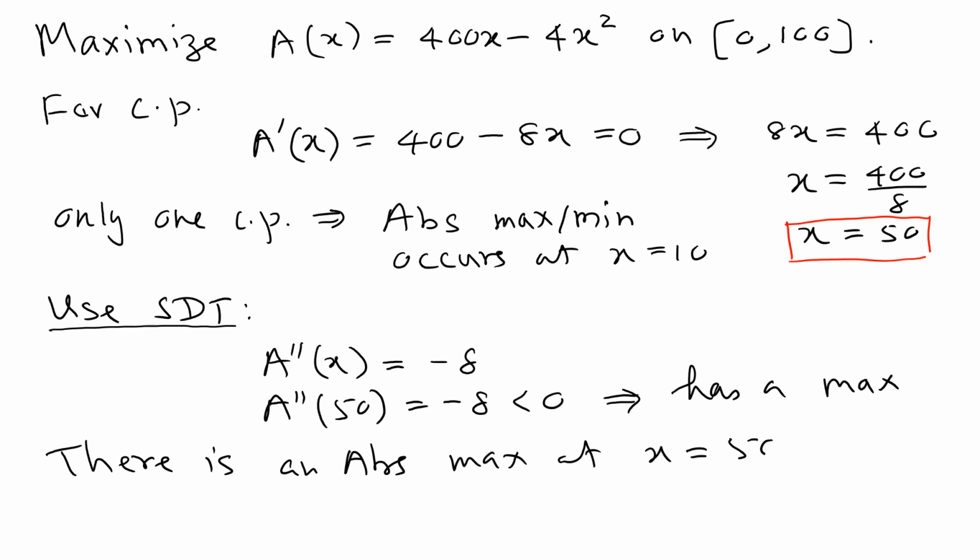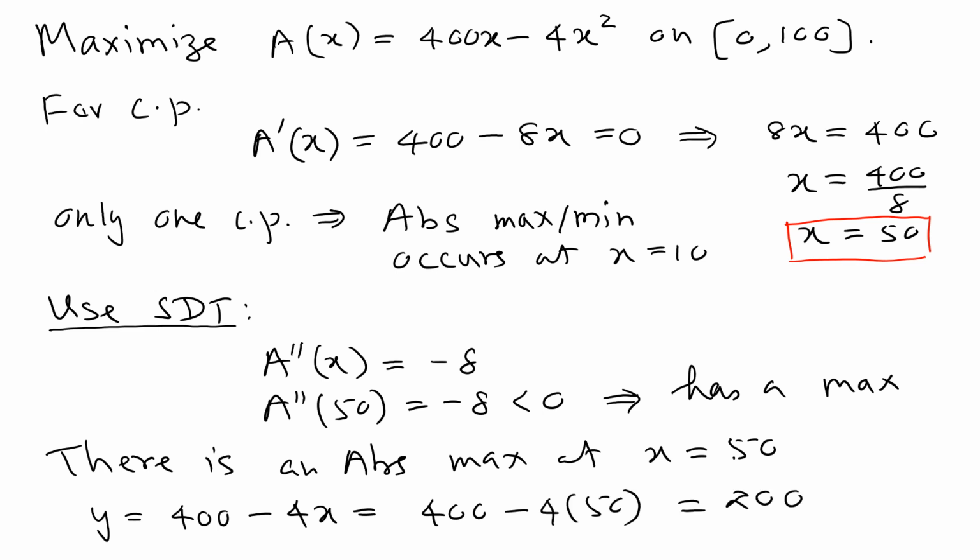Now we're going to find the corresponding y value, and then we can find the maximum area, because we know that it happened at 50. We know that y equals 400 minus 4x. If you plug in, it's 400 minus 4 times 50, which is 200. So 200 is the y value.